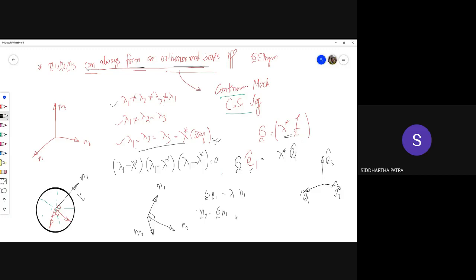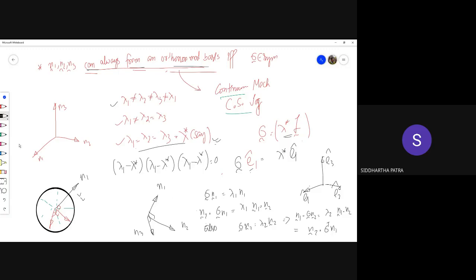I'm considering case 1 where none of the eigenvalues are the same. Now, n1 dot sigma times n2, as we had discussed in one of our early classes in finite element method, can be shown as n2 dot sigma transpose n1.